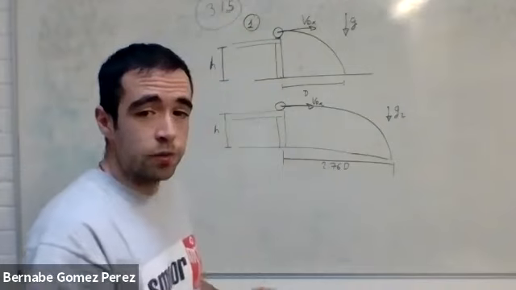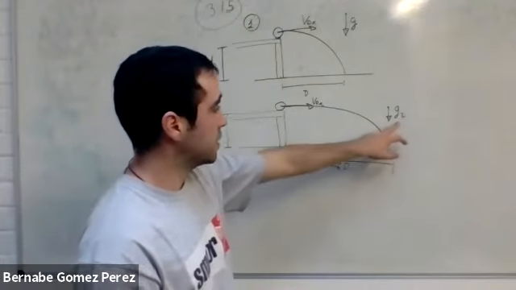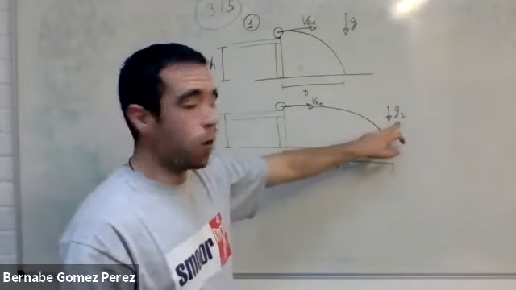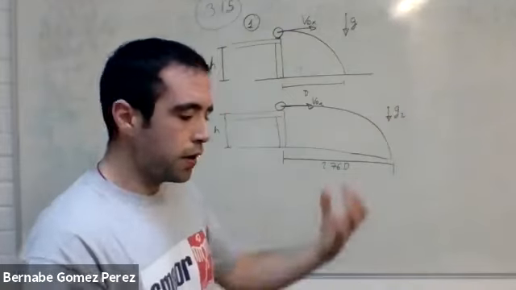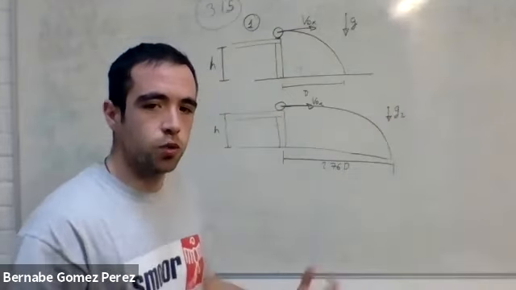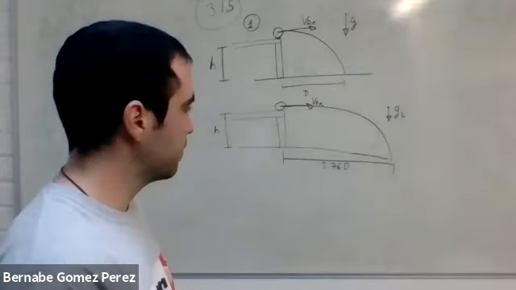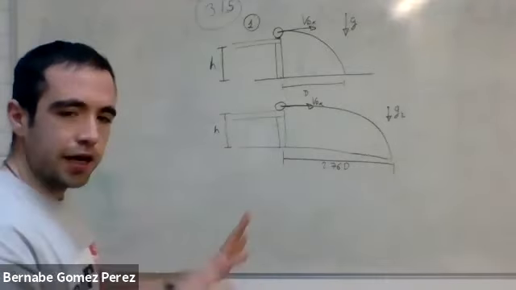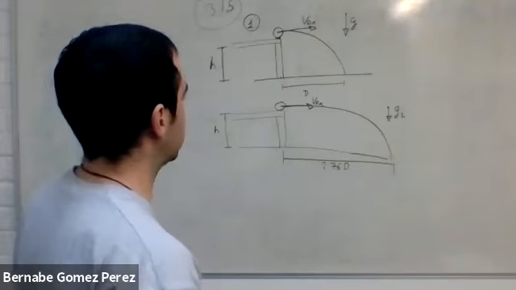If it takes more time to reach the floor, it means that this gravity is smaller than this one. It's pulling with less force, okay? That's why this ball is taking longer. So that's the first thing I can say about this, okay?